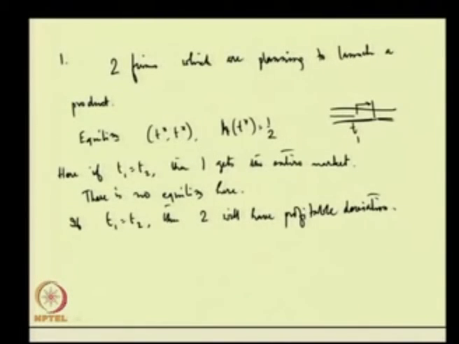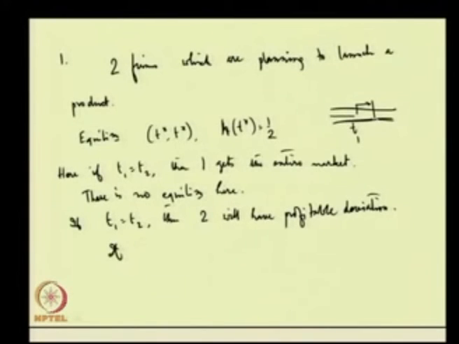Now, this cannot happen if T1 is equal to 0, because then firm 2 cannot fix a time less than T1. In that case, firm 2 will choose a time just a little bit above T1, so that if T1 chooses 0, it gets 0 portion of the market, and the rest of the market goes to firm 2. So, if T1 is equal to T2, there cannot be an equilibrium.